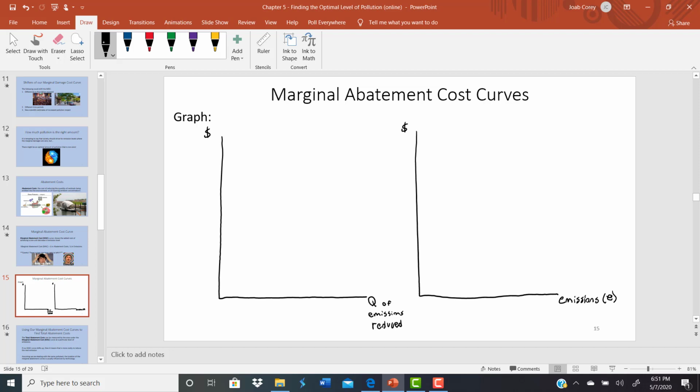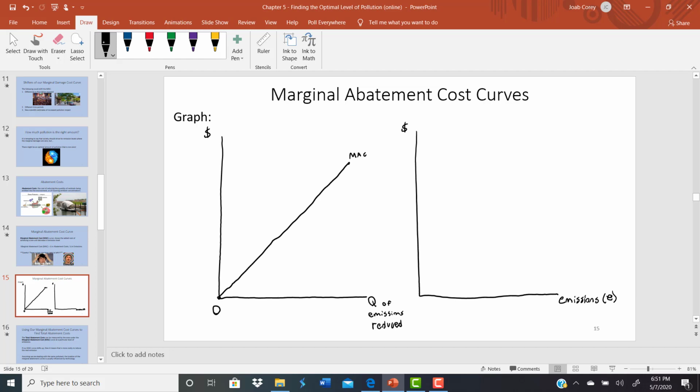Okay, so obviously if we're not reducing any emissions, then we're not going to have any marginal abatement costs. Remember, marginal abatement costs are the costs of reducing emissions. If we haven't reduced any, then you're not going to have any costs of reducing those emissions. And then the more emissions you do reduce, the more your abatement costs are going to be. So you could have a marginal abatement cost curve that's going to look something like this, right?